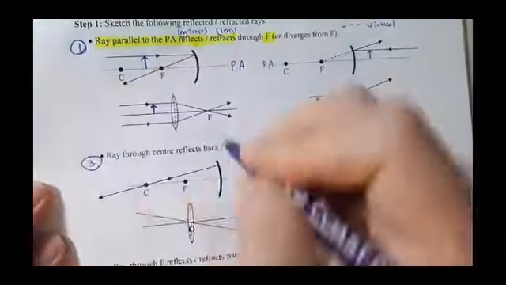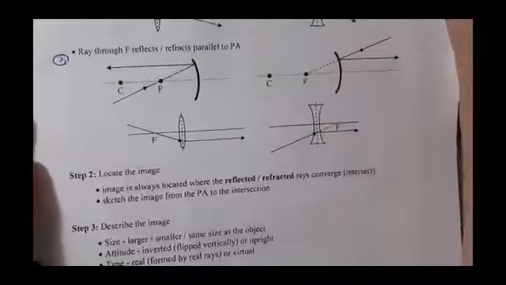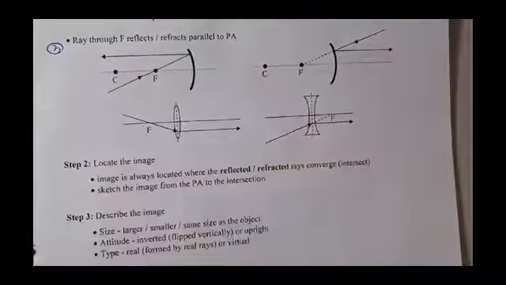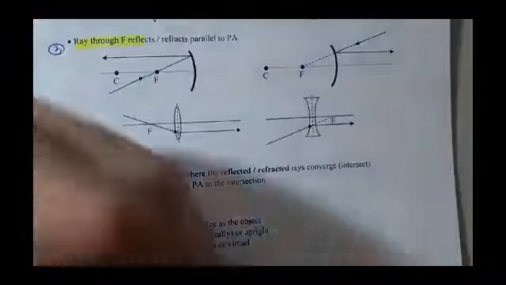I kind of call this one radiation number 1. That's actually 3. I'm going to get to why I put 3 as the last one, and the second one as the second. The second part is completely opposite to the first one. You have to draw a radiation that goes through the focal point first.